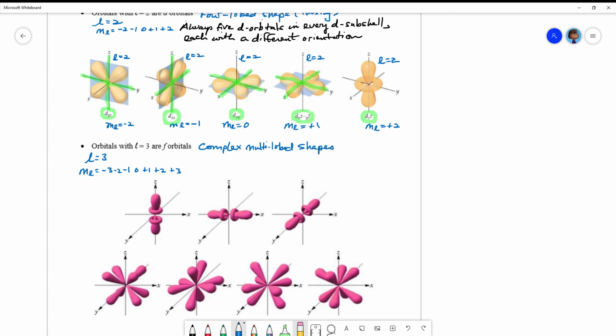But we're seeing a pattern here that the number of m sub L values indicates how many orbitals occur in an f subshell. And so once again, we always have 7 f orbitals in every f subshell.